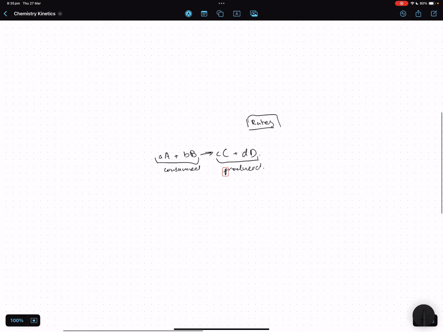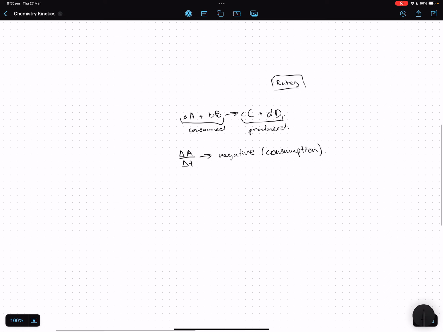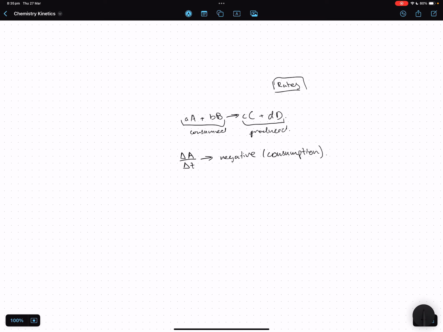So we'd expect the change in A over the change in time to be negative. It's consumptive. There's a consumption of the reactant going on here, and the amount at which it's changing can be standardized by this formula.